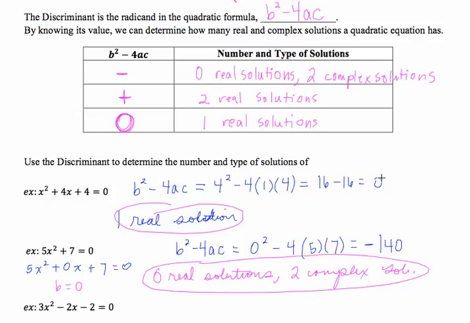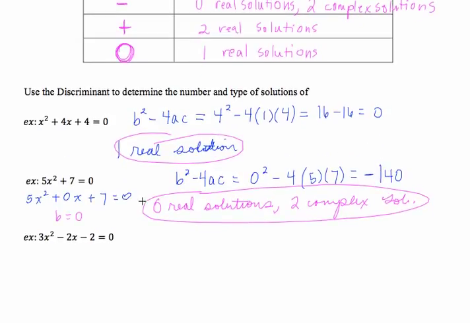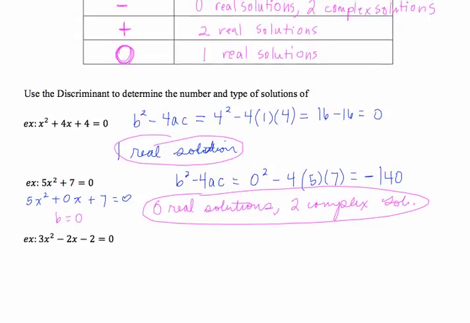And let's look at one last example, and that is 3x squared minus 2x minus 2 equals 0. So let's compute the discriminant. B squared minus 4ac is, okay, b squared is negative 2 all squared, make sure you've got those parentheses there, minus 4 times a, which is 3, times c, which is negative 2, that negative is included.